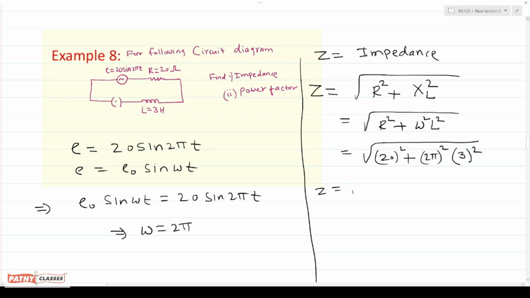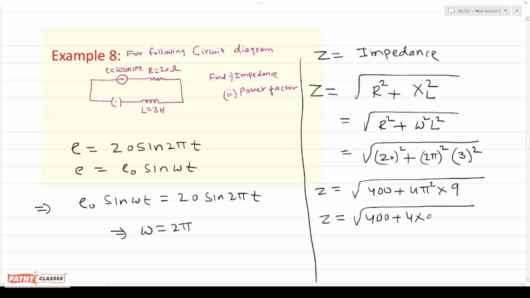So Z equals under root of 400 plus 4 pi square into 9. 4 pi square value 9.85 into 9. On simplification, it becomes 754.6. Taking root, we get 27.46 ohms. Therefore, impedance of the circuit is 27.46 ohms.